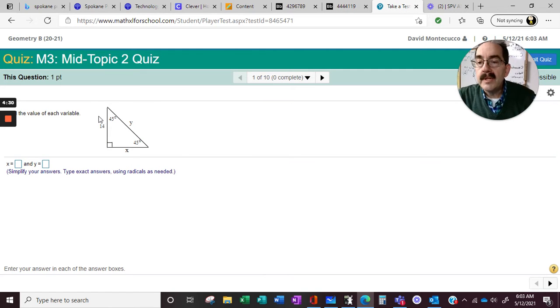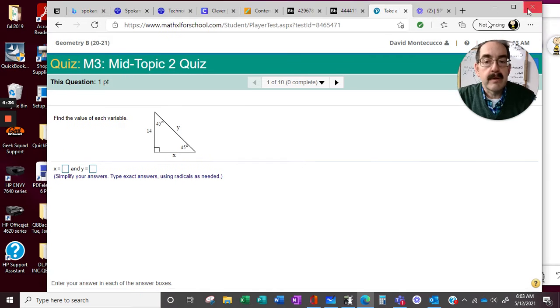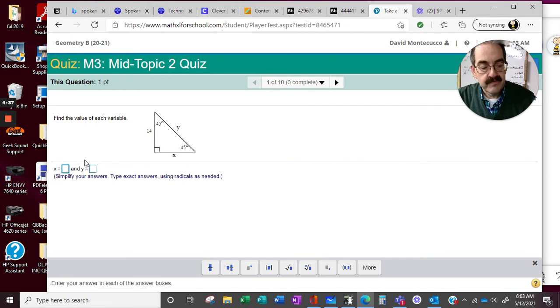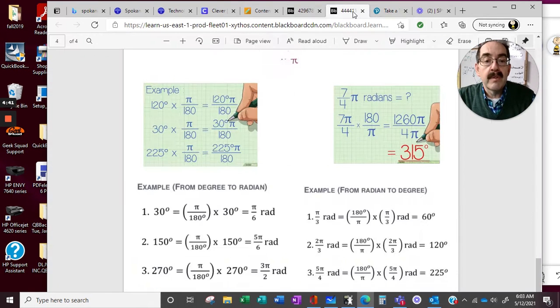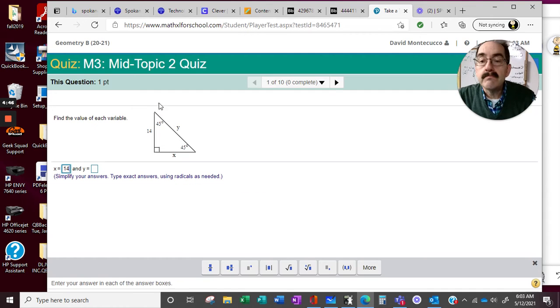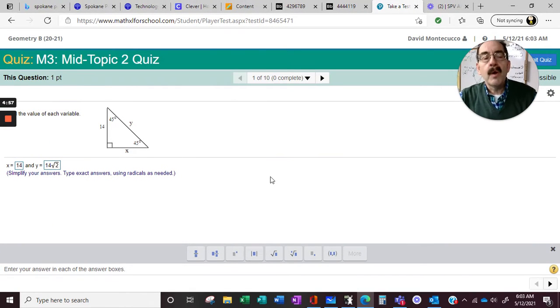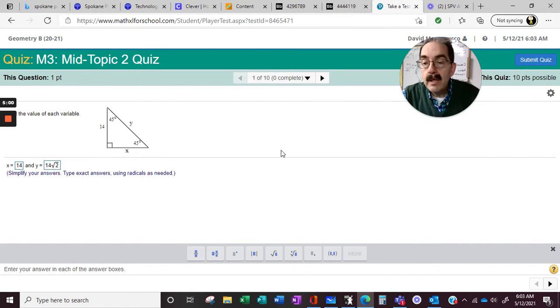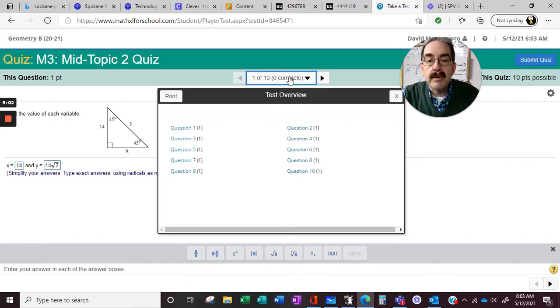So 14 and 14. And then the y value is nothing more than 14 times radical 2. And you don't want to multiply it out. 14, click the little icon for a radical 2, check your answer. Oh yeah, it's a quiz. We can't check our answer. That's right.